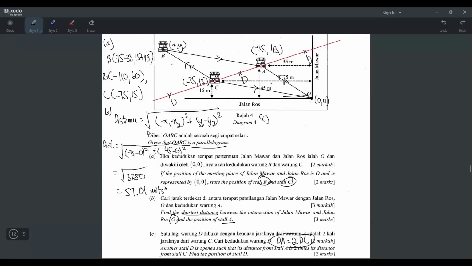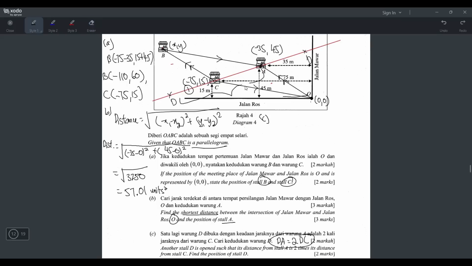It's possible, right? Because DA equals 2DC means the DA ratio is 2 and the DC ratio is 1. So DC is ratio 1, DA is ratio 2. So where is your A here, right? So the distance from here to here, from here to here, the ratio is 2. And if this is 1, okay, let me erase this.